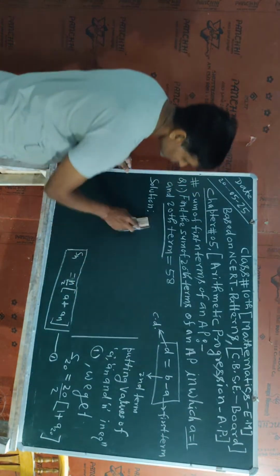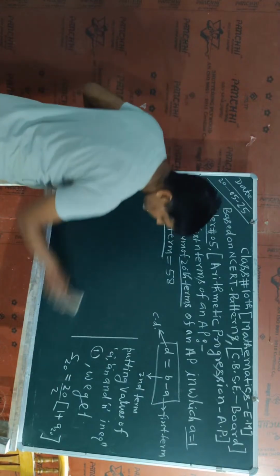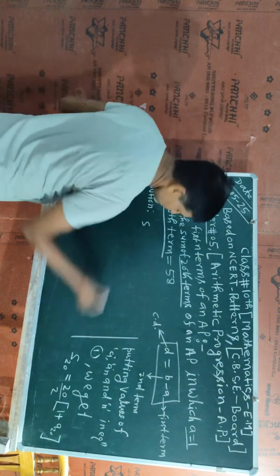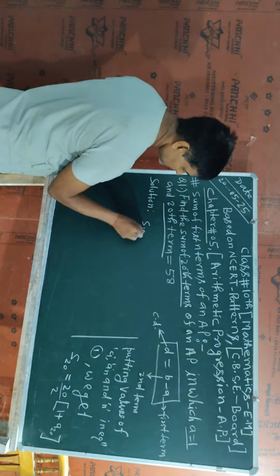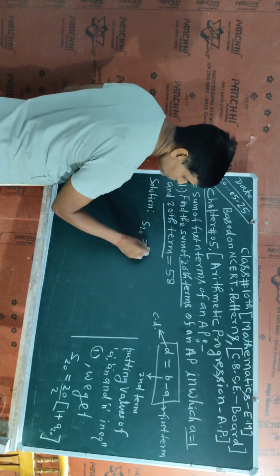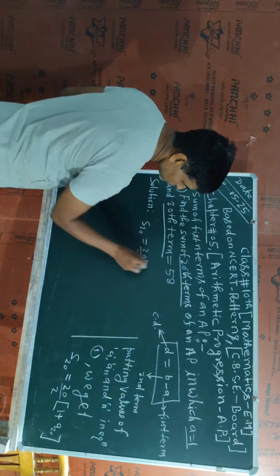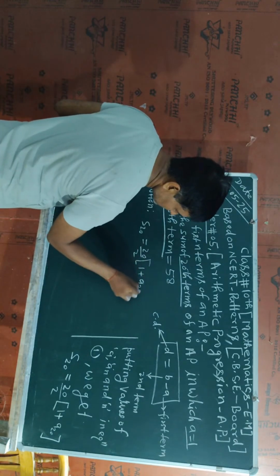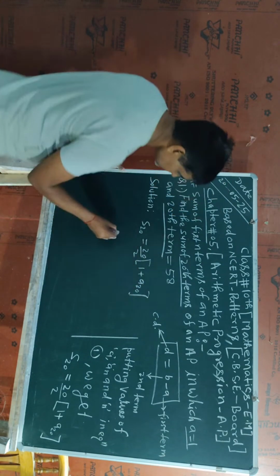Okay, students, concentrate on this video. Here the same data I am going to put. S20 is equal to 20 divided by 2. Now in the bracket I have to write 1 plus a20. The value of a20 is given.